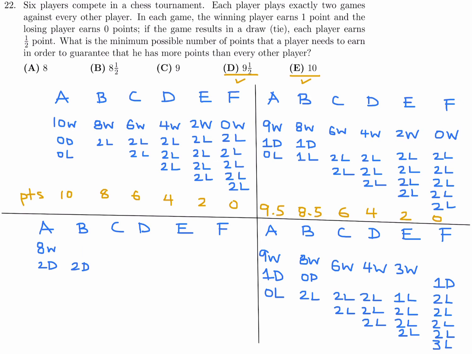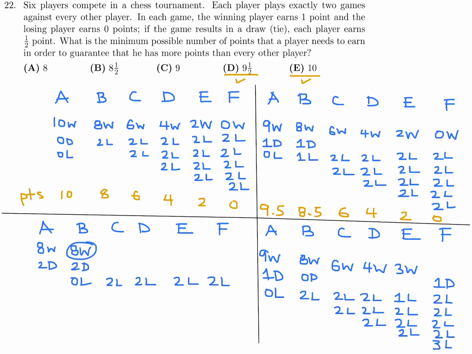But before we put that in, let's account for the losses. Now, he already played B twice, so he didn't lose to B. He tied with B twice. So no losses can go here, accounting for these. So the other losses have to be distributed among the other players. So that means that since there's 0 losses here, this was 8W.